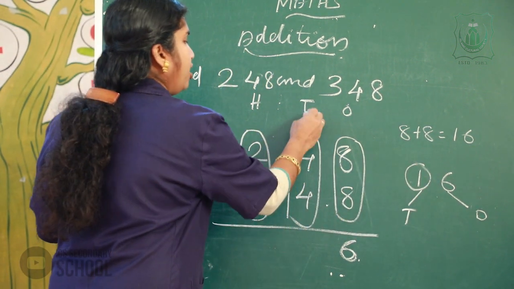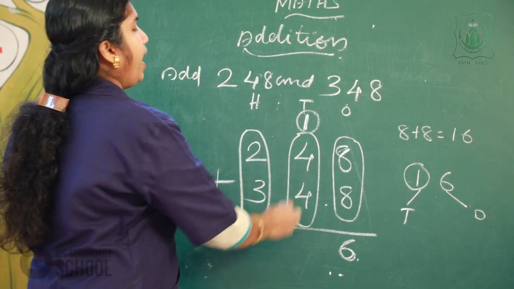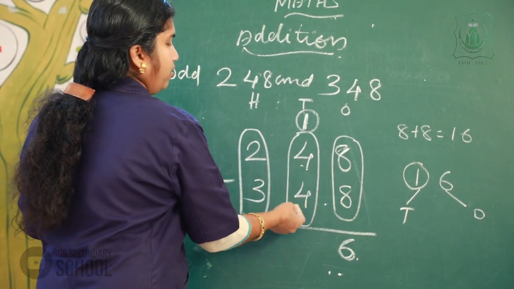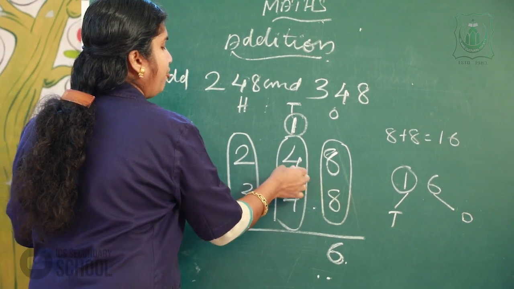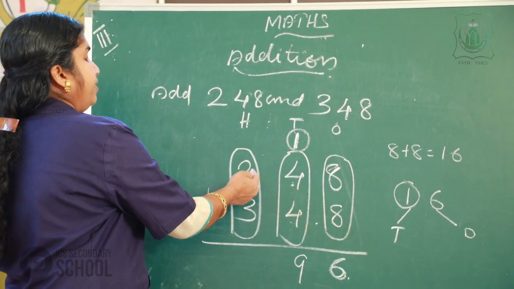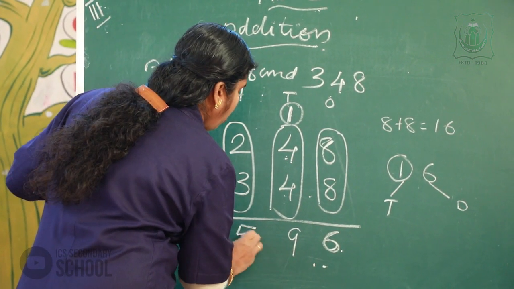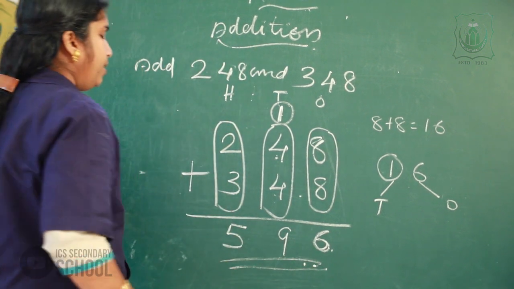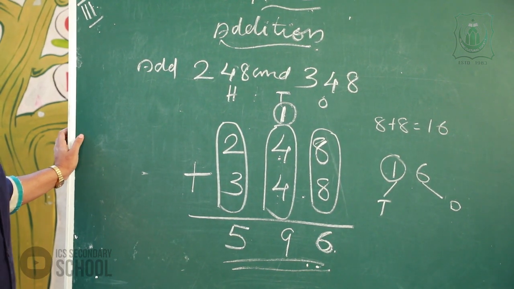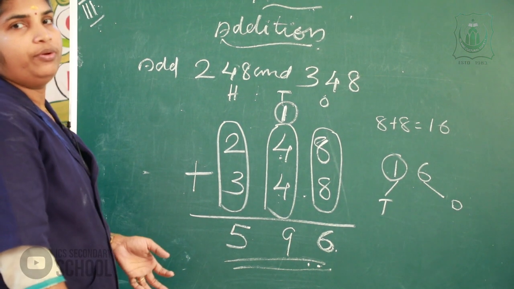This 1 is carried over to the tens place. 1 plus 4 is equal to 5, 5 plus 4 is equal to 9. Again, add the hundreds place digits, 3 plus 2 is equal to 5. Thus we get the answer 596.